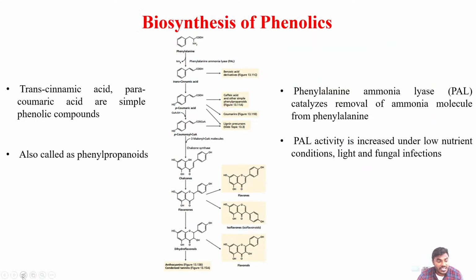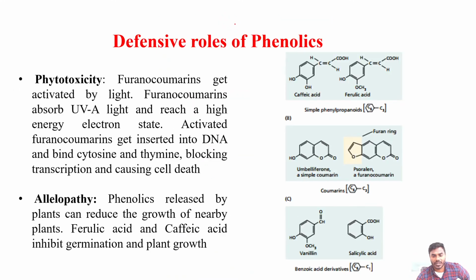Is there any necessity to remember this particular pathway? No. Since it is revision time, don't worry. If you were starting your preparation, I would tell you to remember this without fail. But for revision, just remember that phenylalanine is the starting compound required for the biosynthesis of phenols.